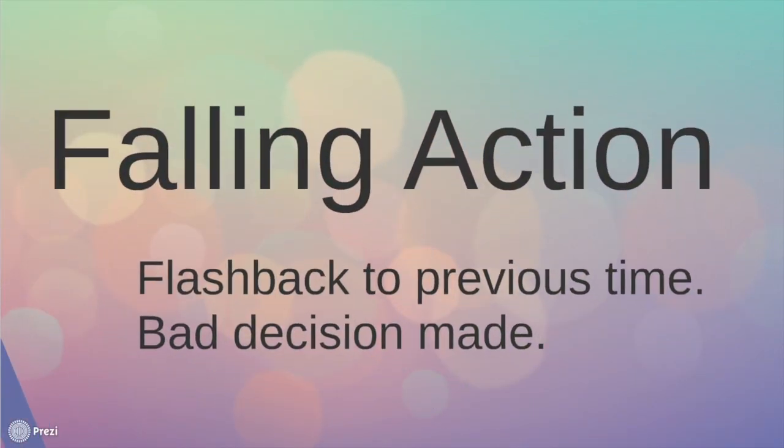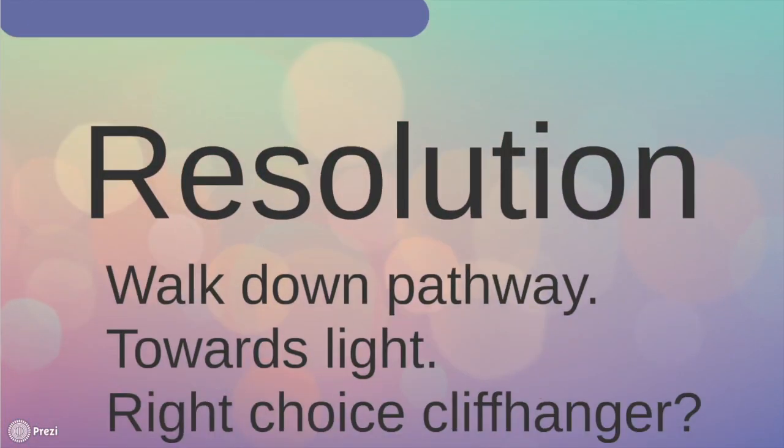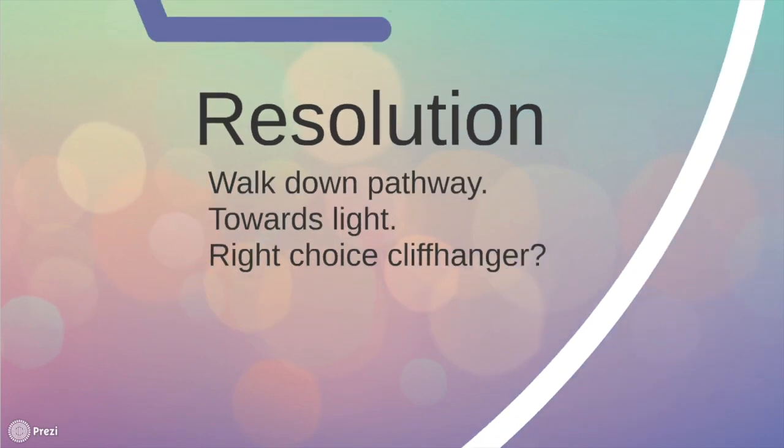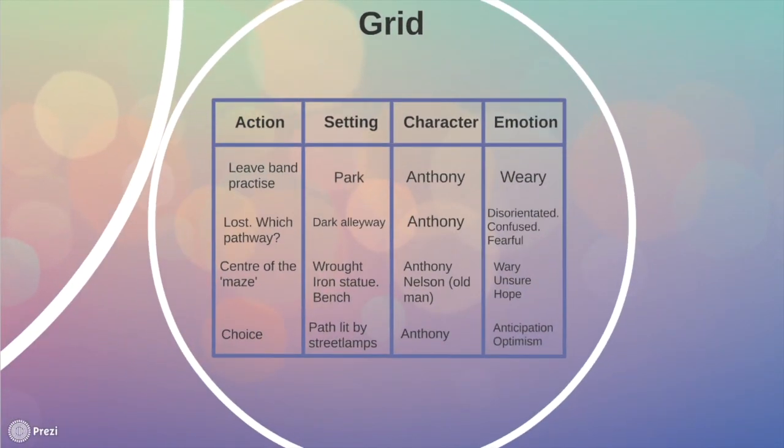My falling action would include a flashback to a previous time when a bad decision perhaps had been made, and then the character realising that that bad decision had been made. And then my resolution is my character walking down a pathway, perhaps towards the light, and considering whether he's made the right choice. So actually that is a really clever way of structuring and planning for a particular narrative structure. And then finally, my grid plan.